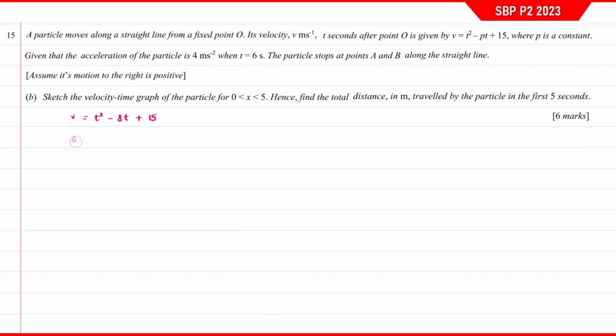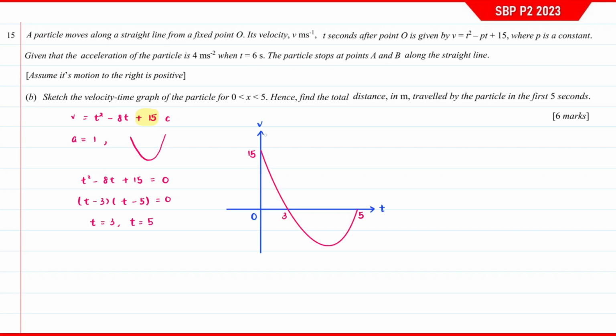In the equation here, a is equal to 1, which is greater than 0, so the shape of the quadratic graph will be a smiley one. Here, c, which is the y-intercept, is equal to 15. And in question A2, when we let v equal to 0, we find that t is equal to 3 and t is equal to 5, which are the roots. Then this will be the velocity-time graph.